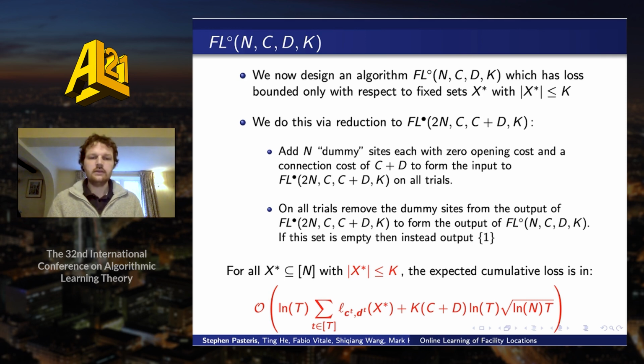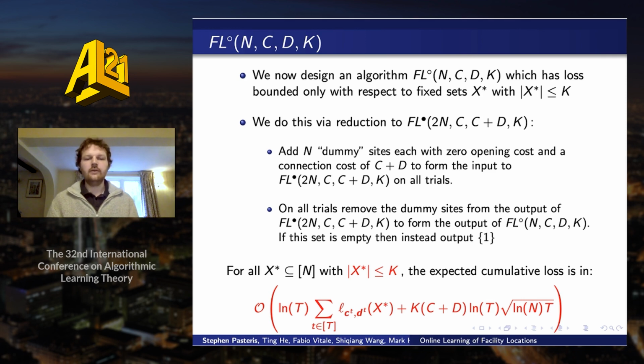To do this reduction, on every trial, we add n dummy sites, each with 0 opening cost and a connection cost of c plus t, to form the input to FL bullet. We then take the output of FL bullet and form the output of FL circle by removing the dummy sites from the output of FL bullet.